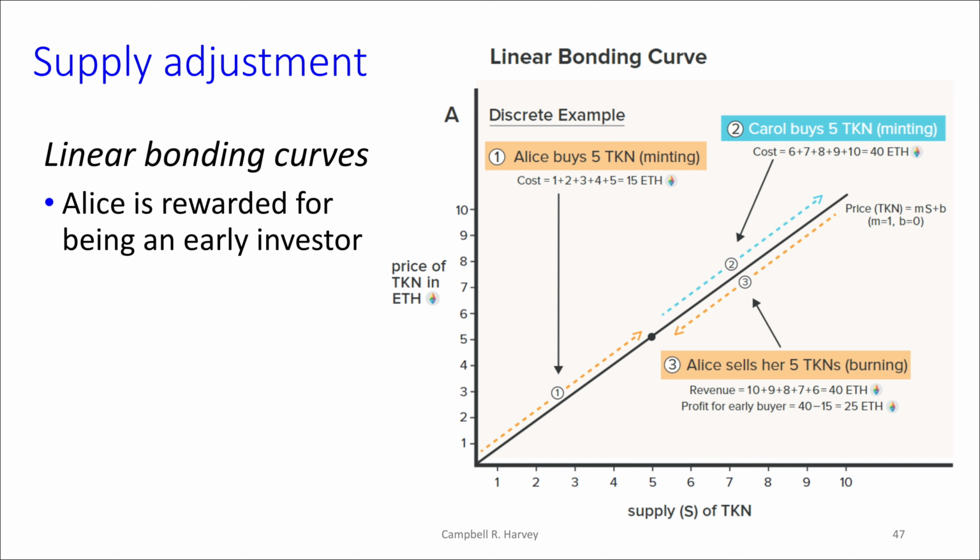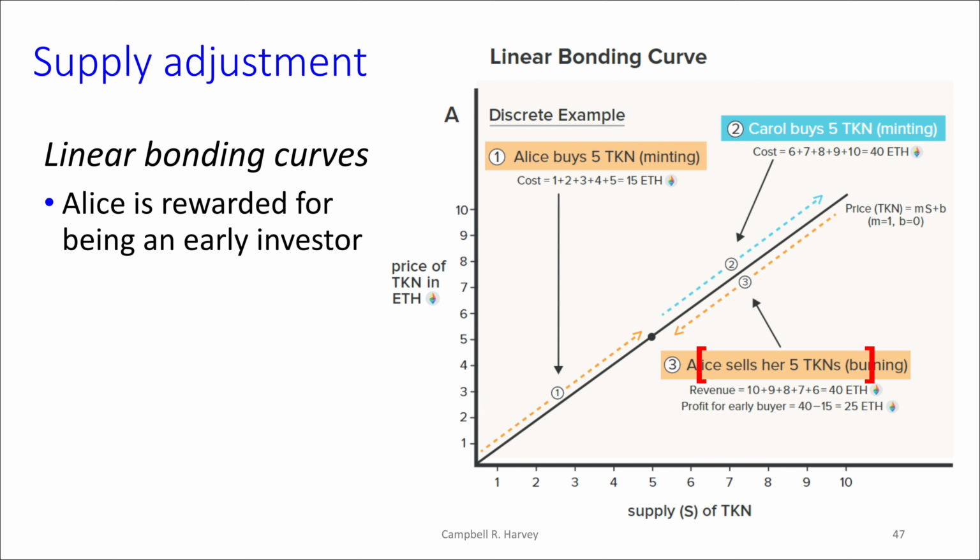So Alice is the first one in, and Carol is the second one, and Carol is going to buy 5 token. The cost for Carol, that 6th token, is going to cost 6, and then 7, 8, 9, 10. So to get the next 5 is going to cost 40 Ether.